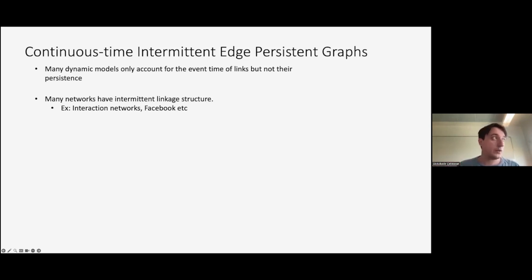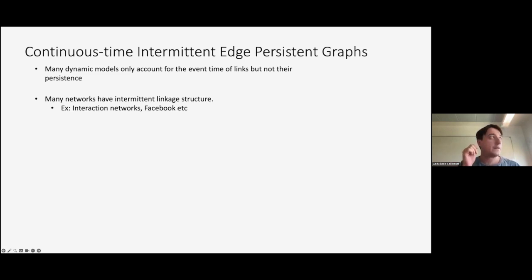For instance, on Twitter, you can follow a user, and maybe 6 months later you find he doesn't share any useful information, so you unfollow, and later maybe you start to follow him again. So these networks have such intermediate linkage structures.